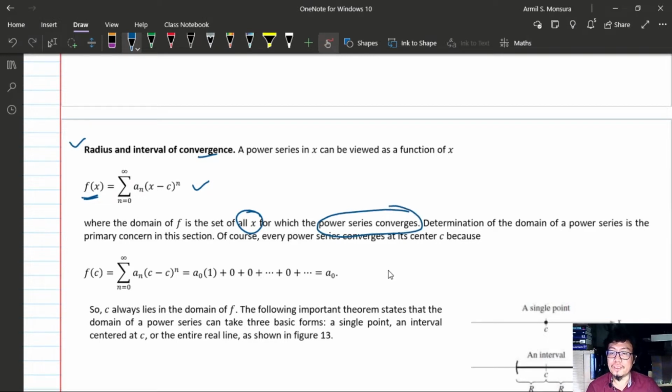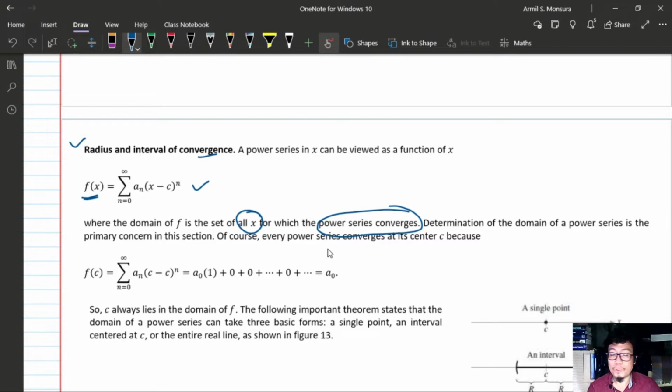So the domain of x is dependent on where the power series will converge. That is why it is important for us to determine where the power series would converge, and that is what we would like to discuss here. The determination of the domain of the power series is the primary concern in this section.